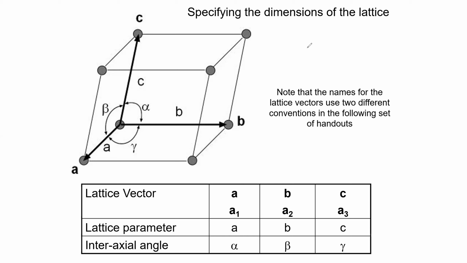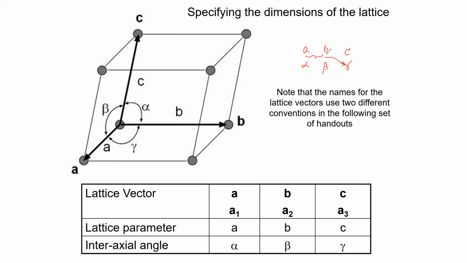Remember we have lattice parameters A, B, and C, and then you write down the interaxial angles alpha, beta, gamma. Normally you say it like this: alpha, beta, gamma. The angle between A and B, we call gamma.